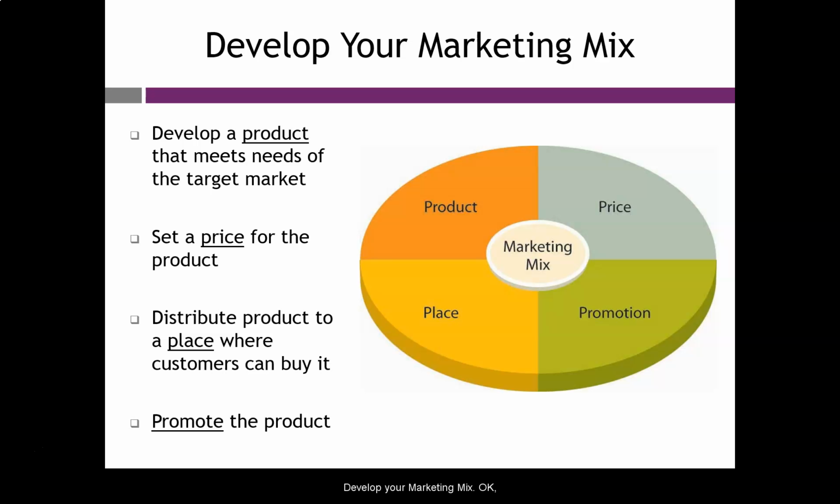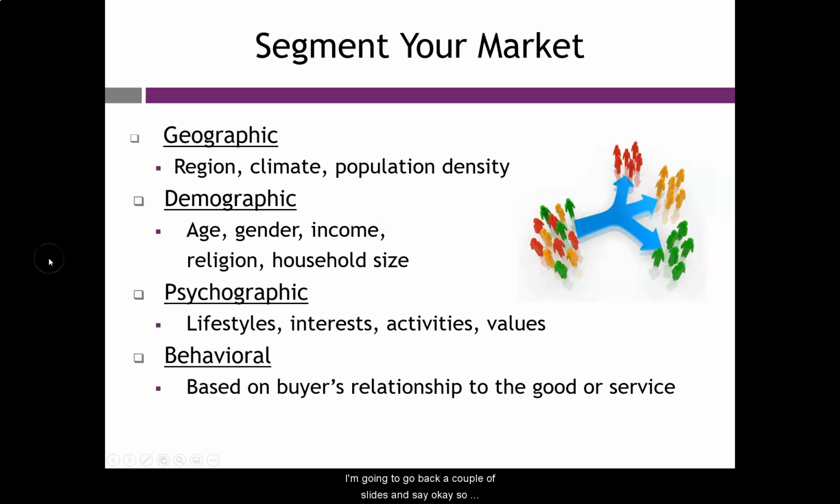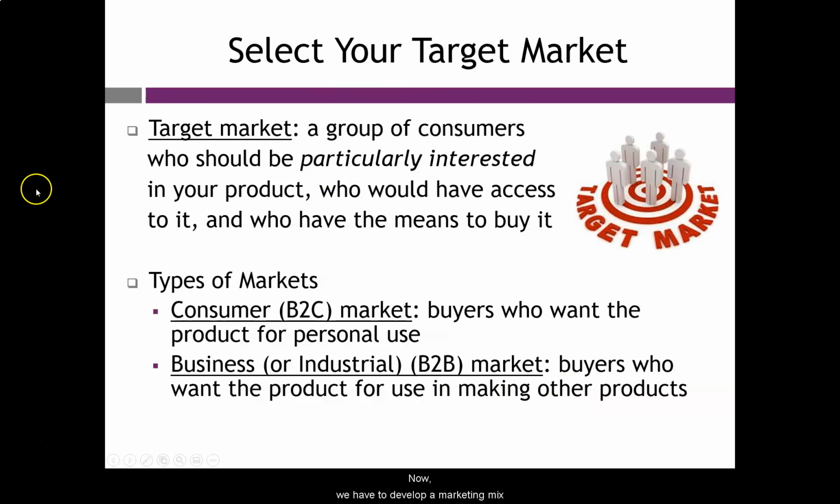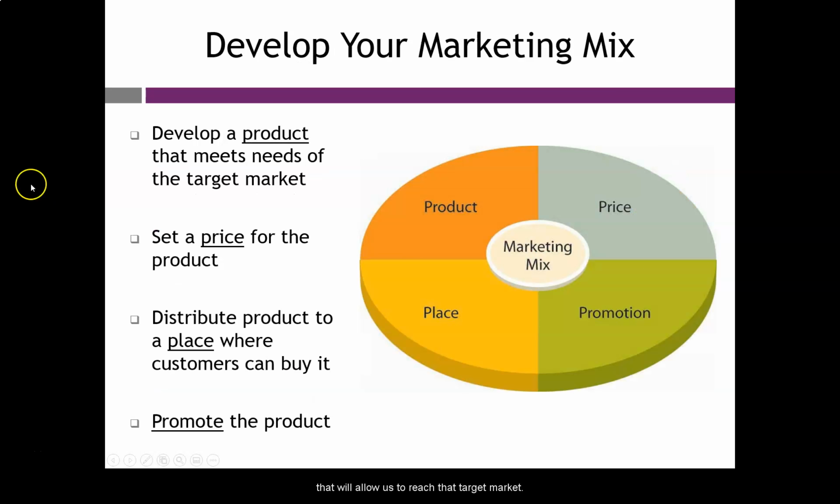Develop your marketing mix. Just to remind you where we are, I'm going to go back a couple of slides. We've talked about the target market, how to identify it, how to segment it. Now we have to develop a marketing mix that will allow us to reach that target market.